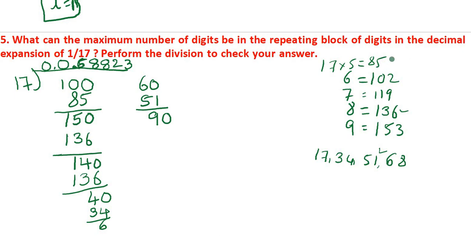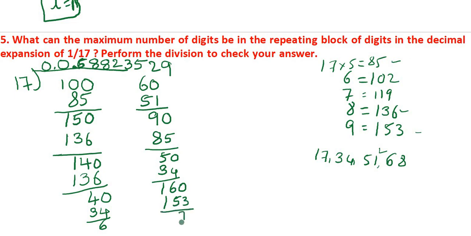Nearest value is again 85. Again write 5 here. Again write 85. Again 5 we are getting. Again 0, it will go 2 times. Again 34. Again we are getting 16. Again 0, so it goes in the 9 table. Okay, it will go 53 and then 7.